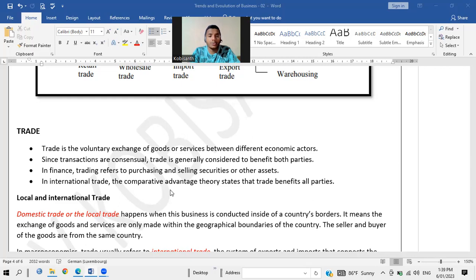In international trade, the comparative advantage theory states that trade benefits all parties. So why do you think we have to involve in international trade? Well, as an economy, you would have learned in economics as well. Sri Lanka is one of the best examples. We do face an economic crisis. Yes. So many of you know the reason behind it.